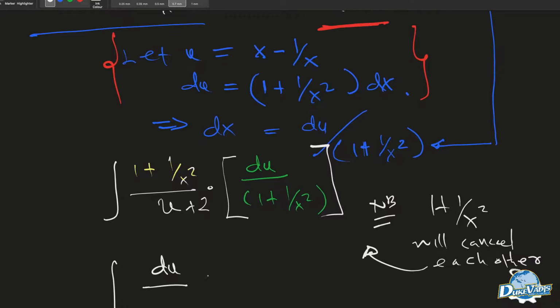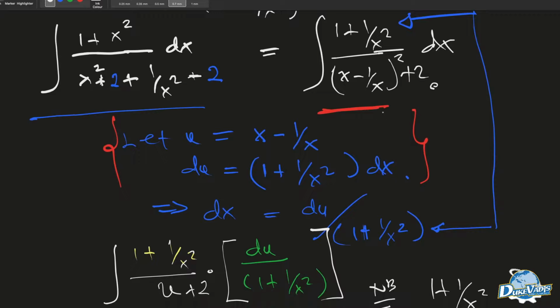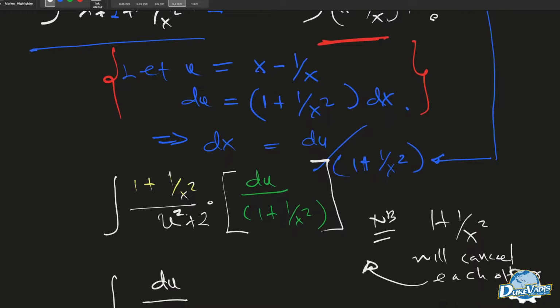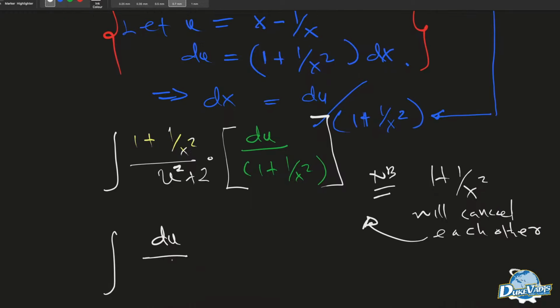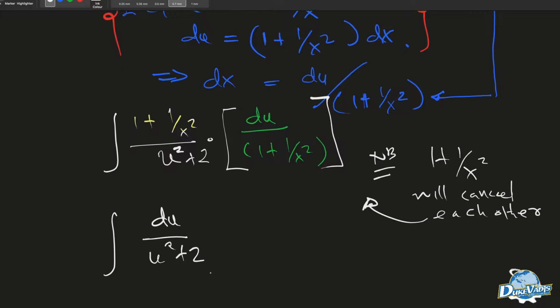When we look at the equation, the bottom one over here, this one was a square, the one I've highlighted in red. So our u here is squared. So this one will become u squared plus 2 du.